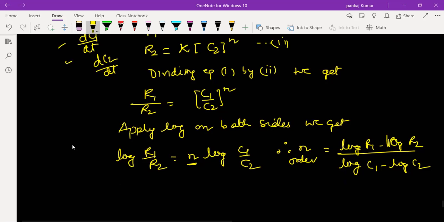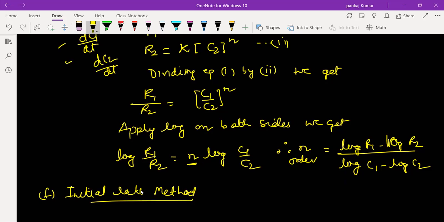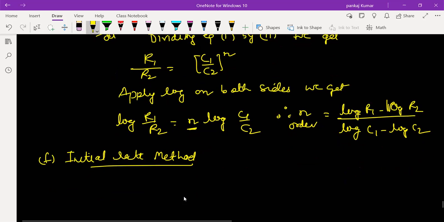And we also have the initial rate method, which we have already discussed. We have different concentrations given, and with the help of the initial rate method, we can also find the order of the reaction based on the experiment.